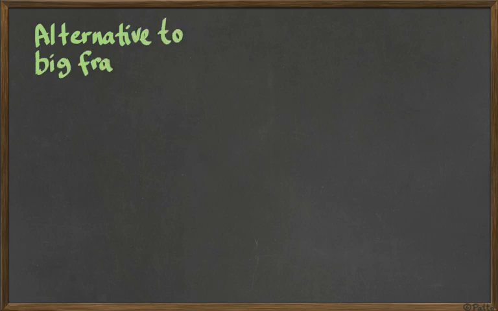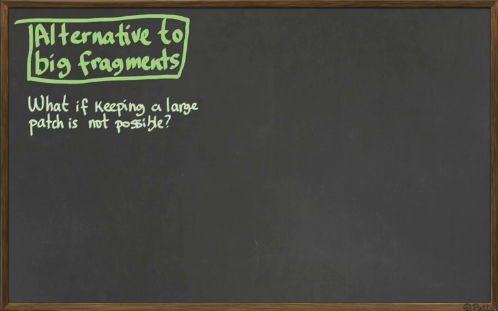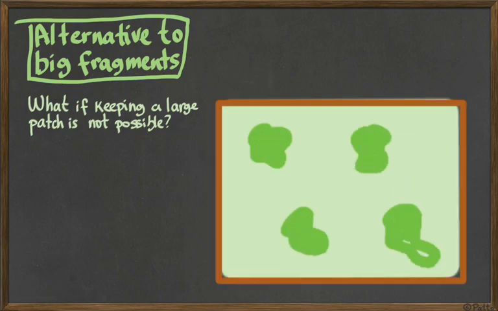Okay, there are alternatives to big fragments. If it's impossible to keep one big patch of forest, what can we do? One of the solutions is to keep small patches. So in Brazil, for example, if you have a farm, you cannot cut 100% of the land down to make area for agriculture or an area for cattle.